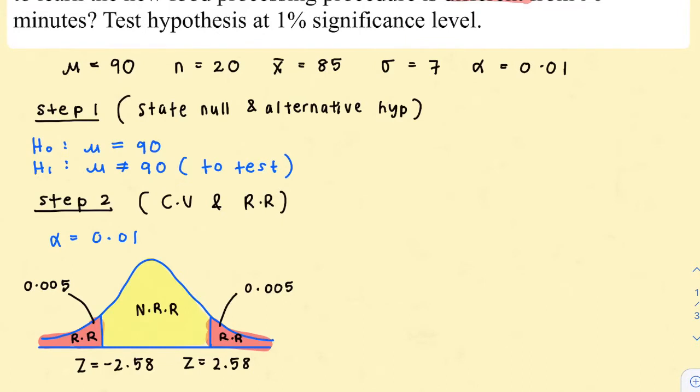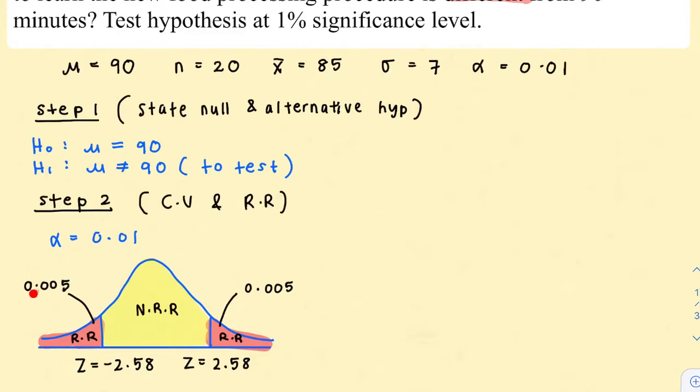The second step is stating the critical value and rejection region. As usual, draw your bell curve shape first, and then you have to decide where your rejection region is. That will be based on your alternative hypothesis. You have the symbol of not equal here, so your test will be a two-tail test.